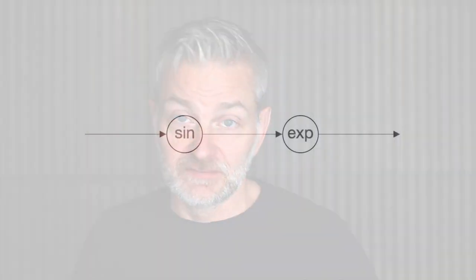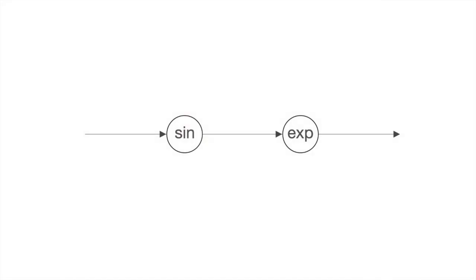Let's try a couple of explicit, simple examples of operations like this. Here's another two-node graph where the first node is a sine operation, the second node is an exponential. If we pass in x, then sine x flows to the exponential and e to the sine x comes out at the end. Again, these operations have known gradients.